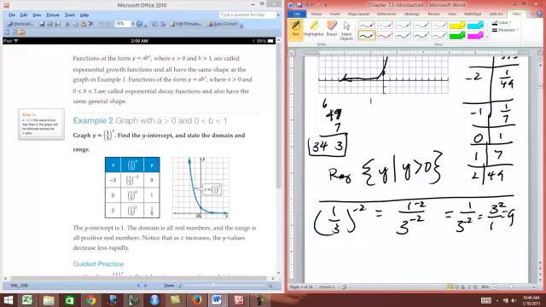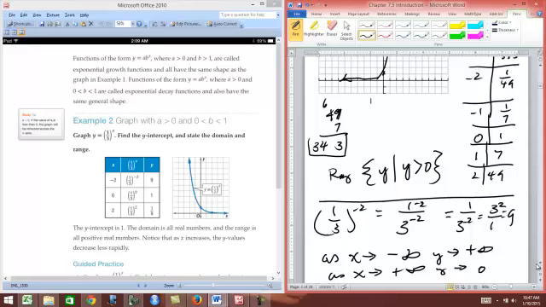Okay, so when x is -2, it starts out really big on the left, and then it goes down. You can see what it's doing. As x approaches -infinity, y approaches positive infinity, and as x approaches positive infinity, y approaches 0.